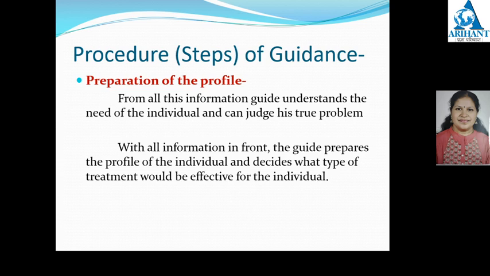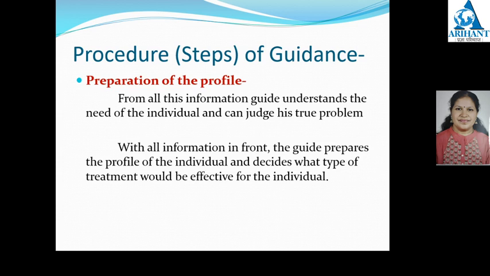The next step is preparation of the profile. Till now, with whatever information the guide has collected, the guide will understand the need of the individual and can judge his true problem. With all the information in front, the guide prepares the profile of the individual and decides what type of treatment would be effective for the individual.